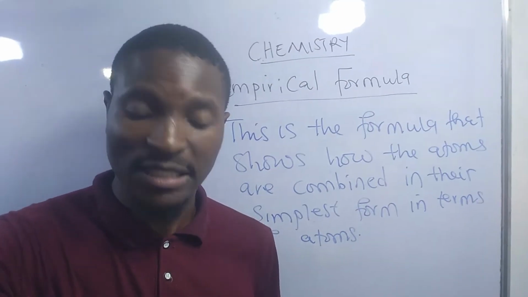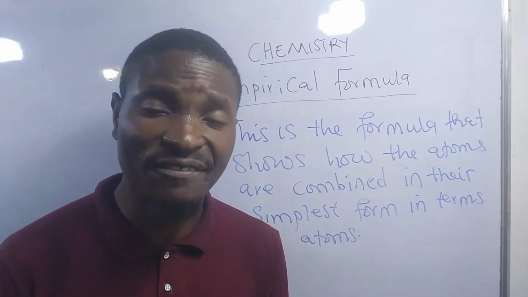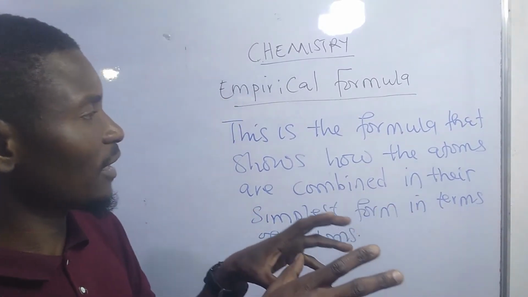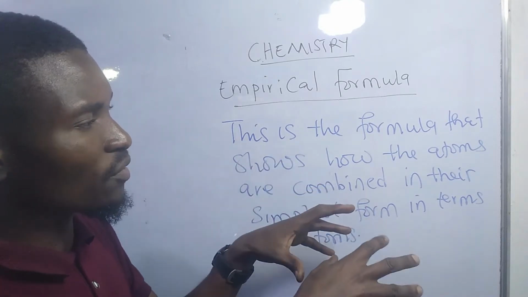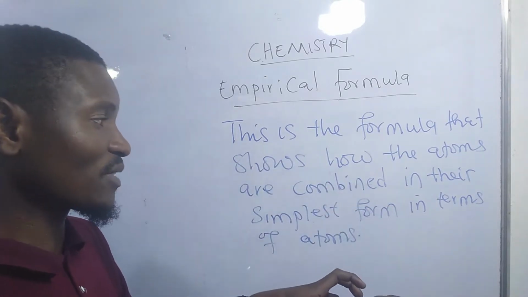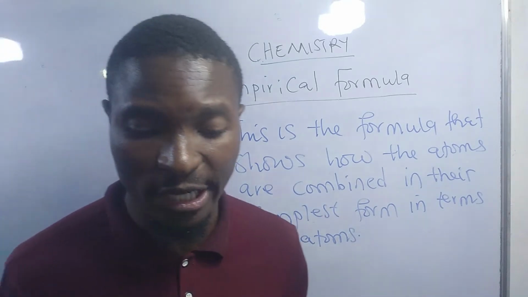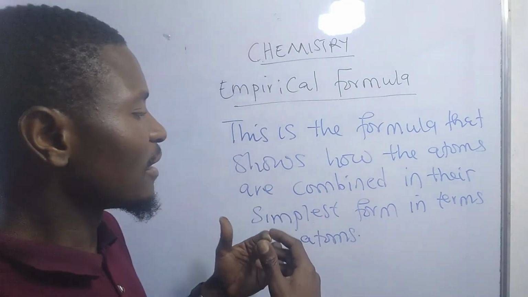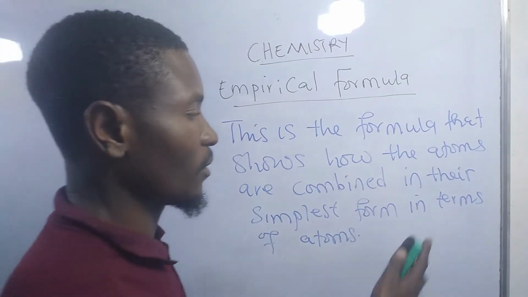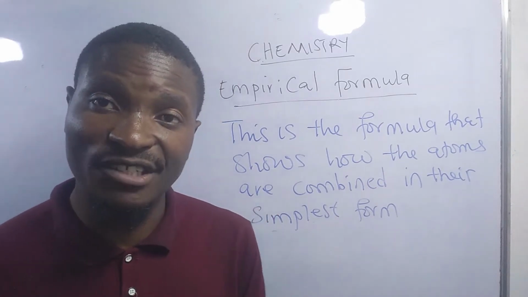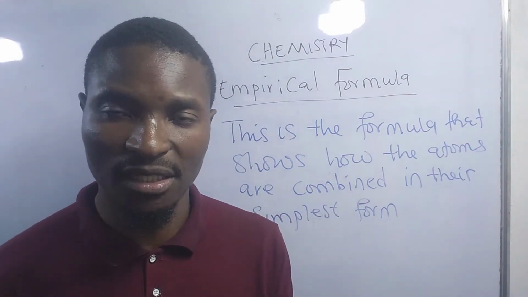So that's basically the definition of what an empirical formula is. It is the formula that shows how the atoms are combined in their simplest form. So that's the definition of what an empirical formula is.